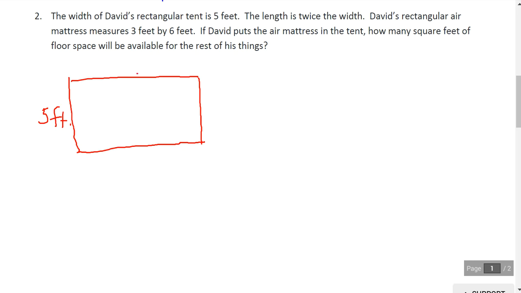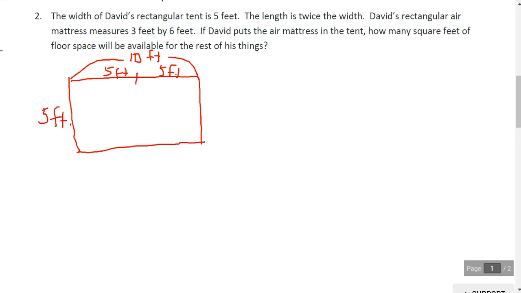Well, what's twice 5? 5 and 5 feet, so that's going to be 10 feet. So the length is 10 feet. Okay, all right. So now what?